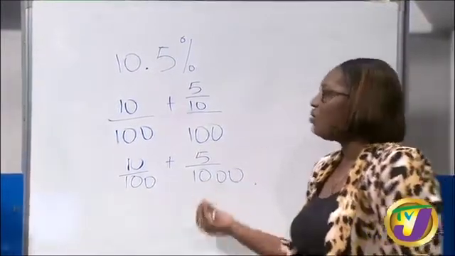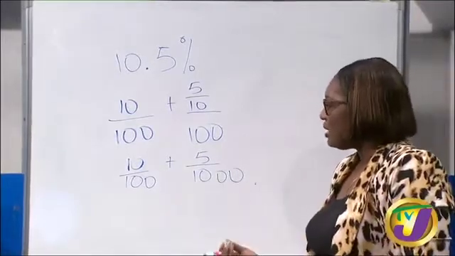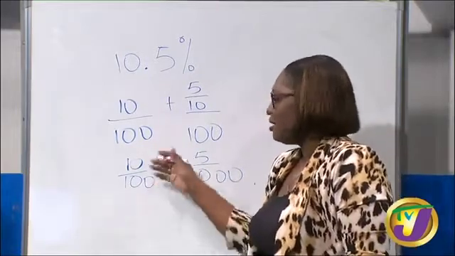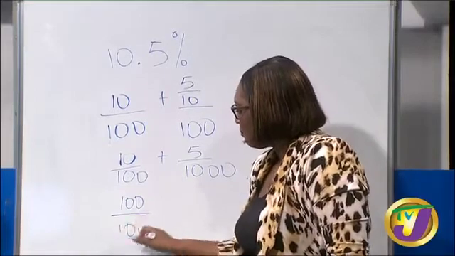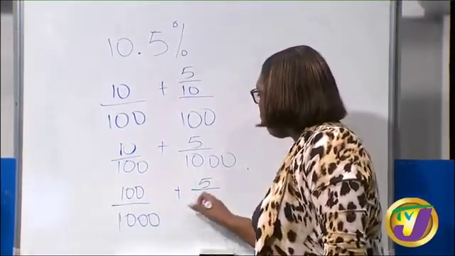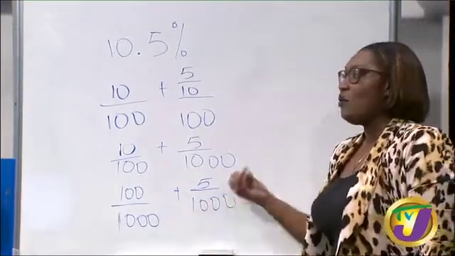So we now need to form equivalent fractions out of the same quantity. So 10 100ths is the same as saying 100 1,000ths, plus 5 1,000ths. Now that our wholes are the same, can we add?